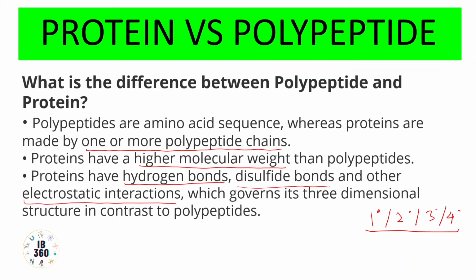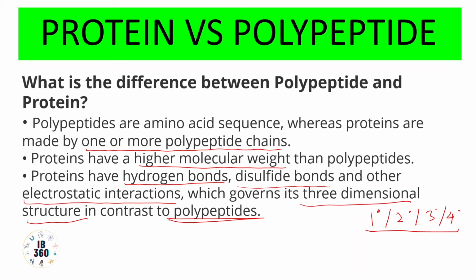Intermolecular means between two different or separate protein molecules, and intramolecular means within the same protein macromolecule. And these various bonds result in varying degrees of folding, and they govern the three-dimensional structure in contrast to polypeptides. Polypeptides are not three-dimensional because they do not show the folding process which we see in proteins.